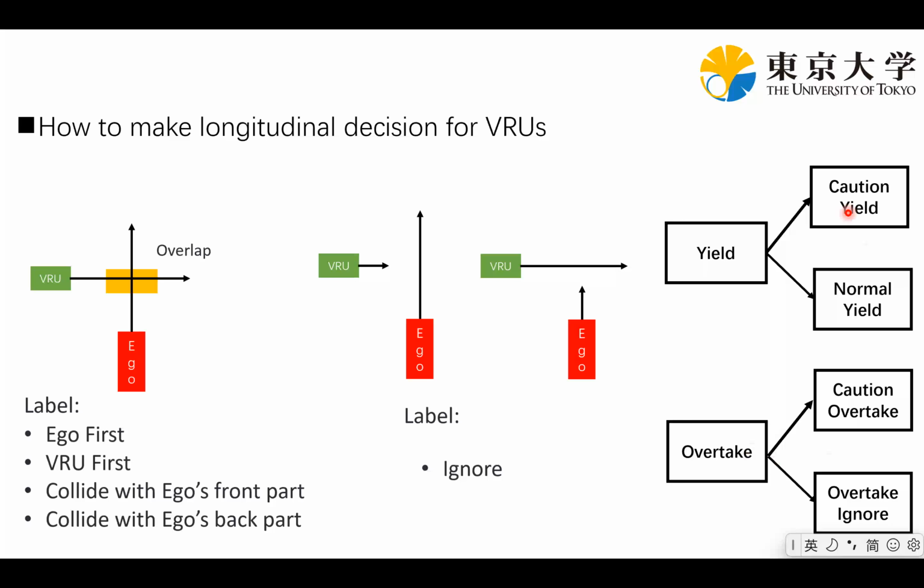Those measures can refine the solution space for longitudinal planning. In practice, the classification will be more complex, but here I present only a coarse categorization.